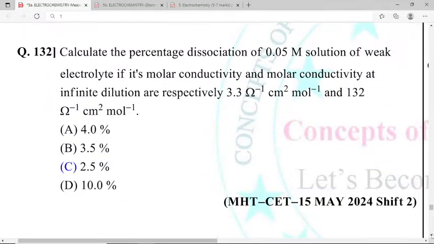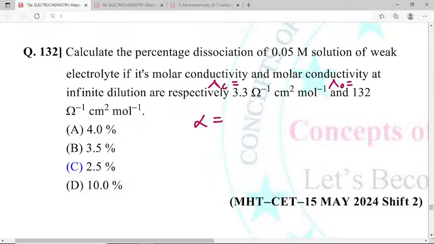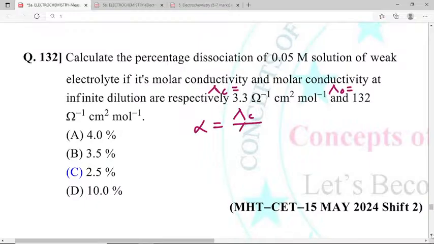Calculate the percent dissociation of 0.01 weak electrolyte, given molar conductivity and molar conductivity at infinite dilution. So this is molar conductivity lambda C, and this is lambda naught. So this is alpha. Alpha is equal to lambda C divided by lambda naught. Percentage alpha is multiplied by 100.